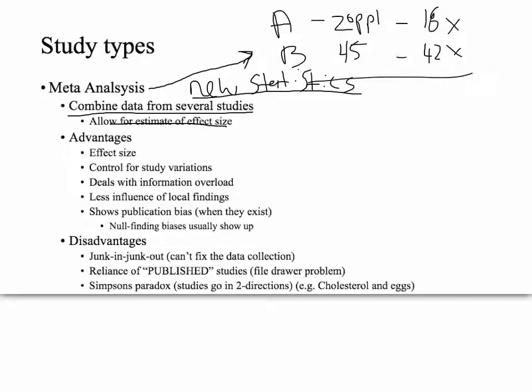The advantage of this, like I said, is you can find the effect size, and you can control for study variation. So study A might have been done a little bit differently than study B and a little bit differently than study C. And so by combining all of these studies and reanalyzing their stats, you can control for that variation. It deals with information overload. It has less influence of local findings.